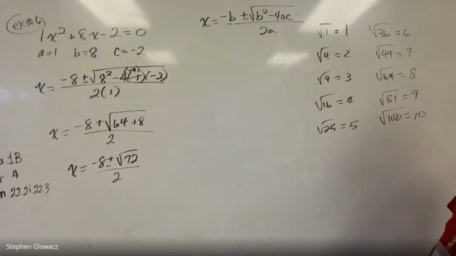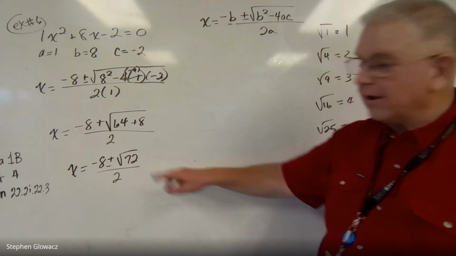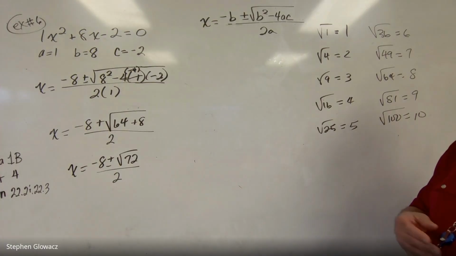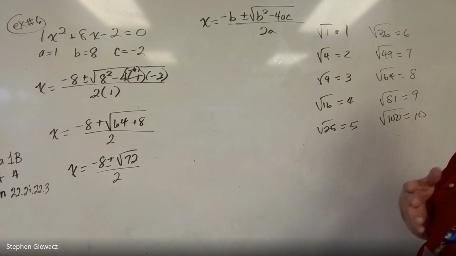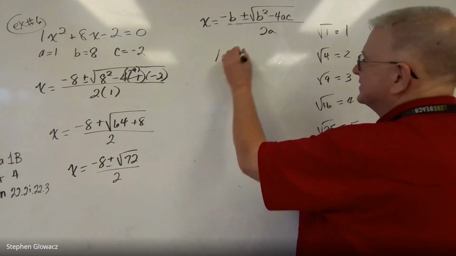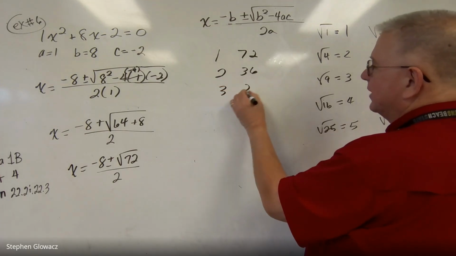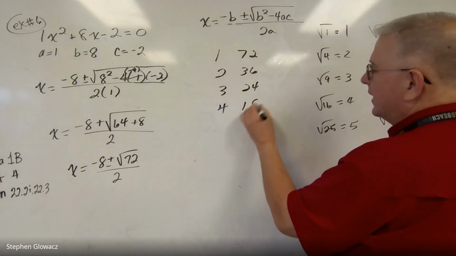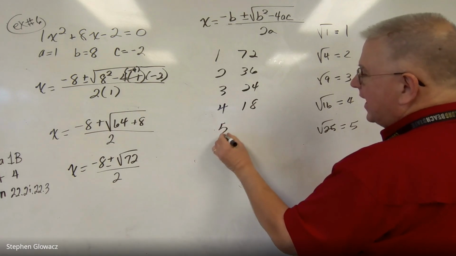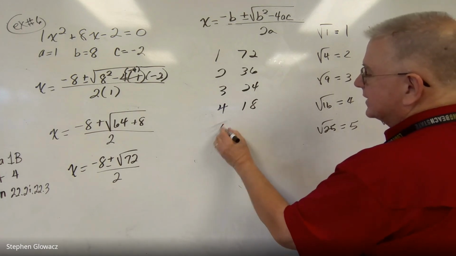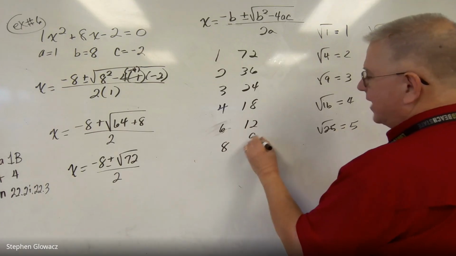And so again, we're going to simplify our radical. We're going to look at our factors 1 to 100 sheet, but we've already done that. So let's list out our factors of 72 again. 1 and 72, 2 and 36, 3 and 24, 4 and 18, 5, well, not 5, 6 and 12, and then 8 and 9.